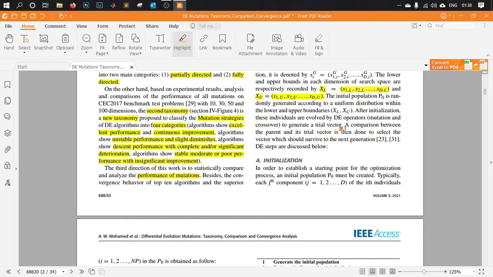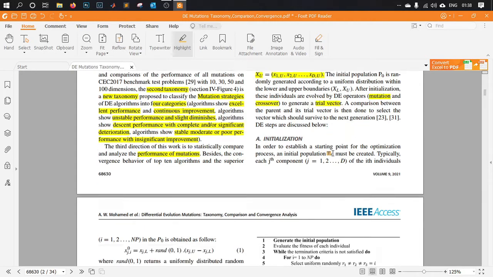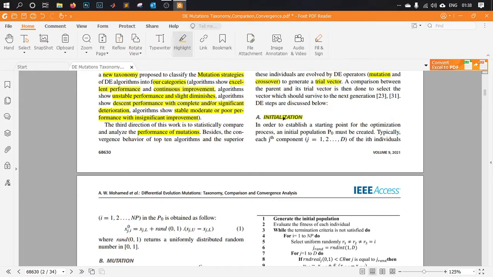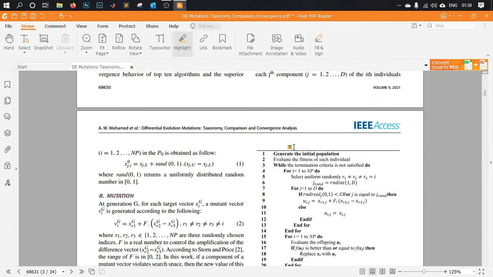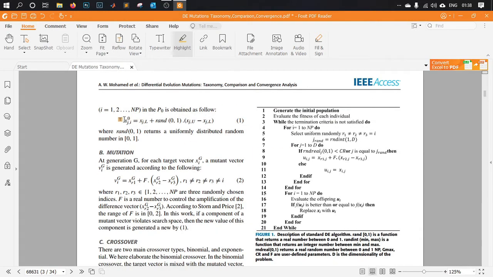After initialization, they perform a mutation and crossover to generate a trial vector, and then a selection process is performed. So let's go to the first step, initialization. Initialization follows a random initialization.